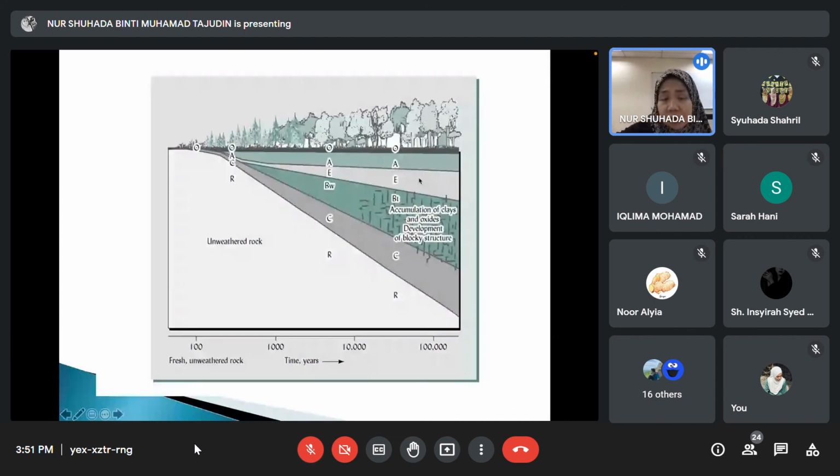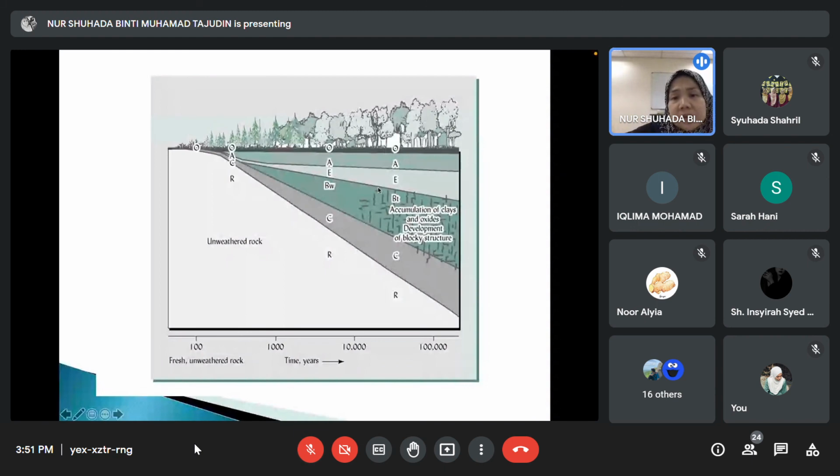If it's a new soil, like I said earlier, at the hillside or at the beach, usually the process is still happening. The soil is disturbed constantly, so it cannot develop obvious layers. We call it a young soil, while here we call it a matured soil.